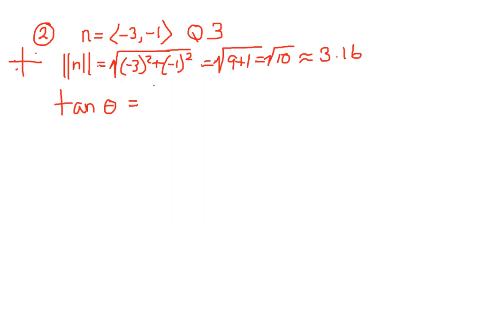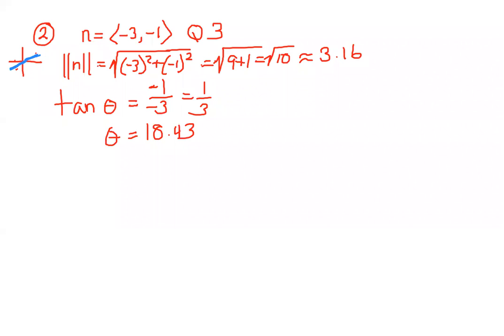Tangent equals -1 over -3, which is positive 1/3. So you put this in your calculator, and you're going to get inverse tangent of 1 divided by 3. You're going to get 18.43. But is that in quadrant 3? No, that's in quadrant 1. So how can we change that to an angle down here?